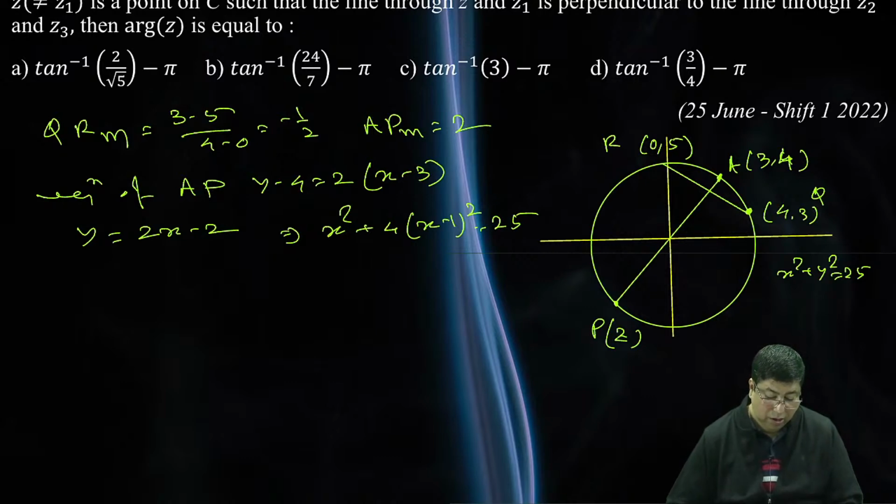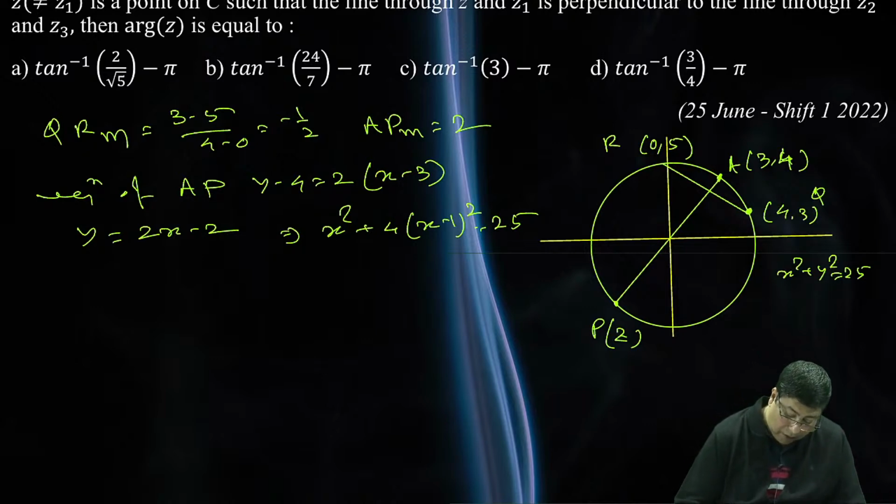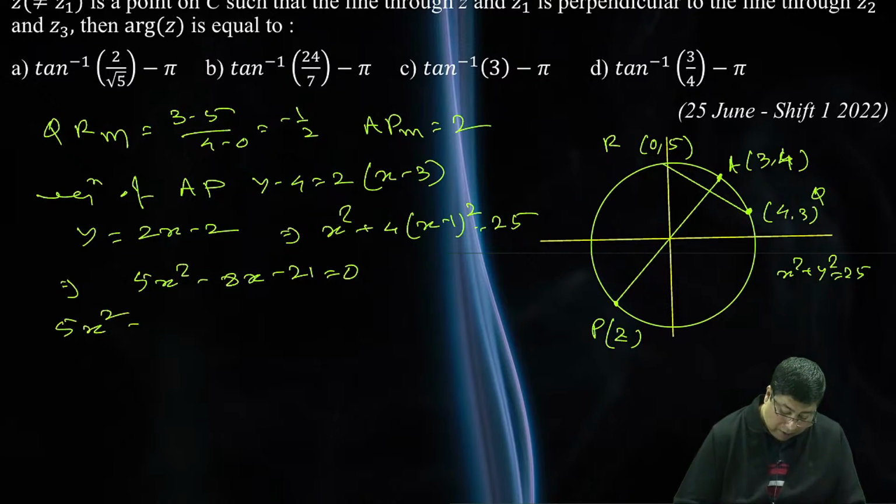Then let us calculate x square plus 4x square, that is 5x square minus 8x minus 21 equal to 0. Therefore, let us go to the middle term factorization, minus 15x plus 7x minus 21 equal to 0.